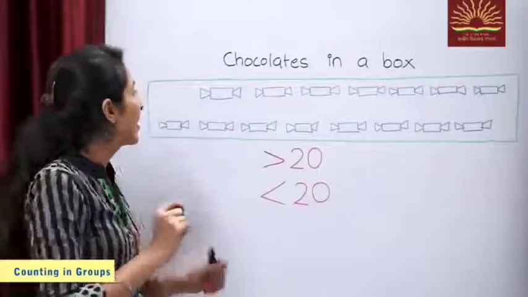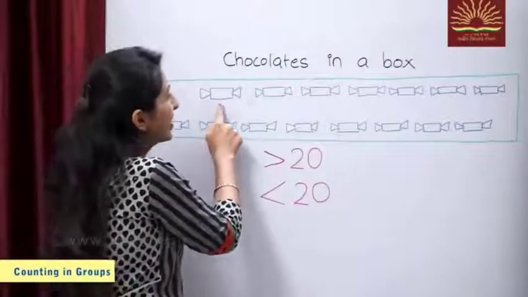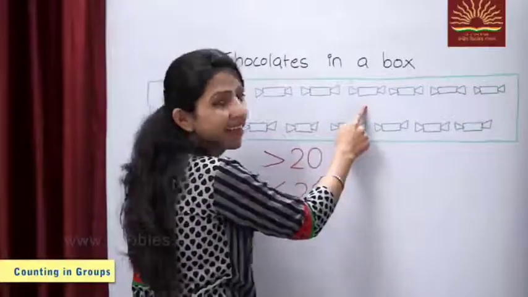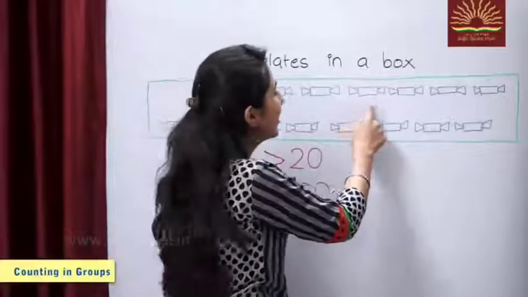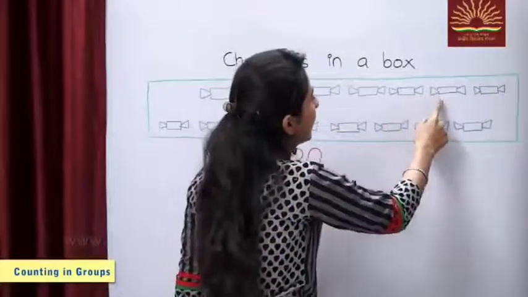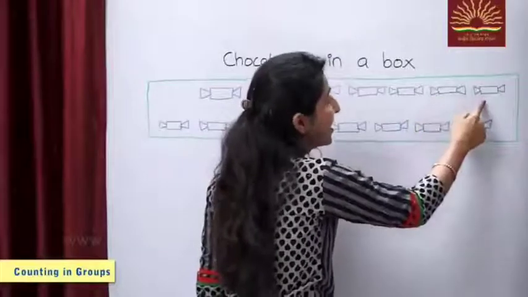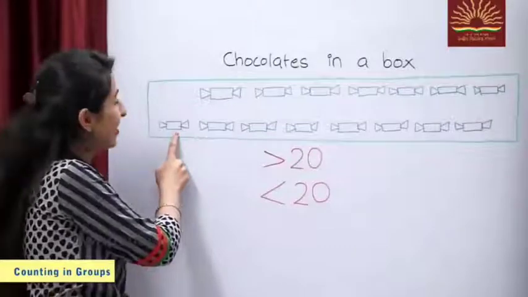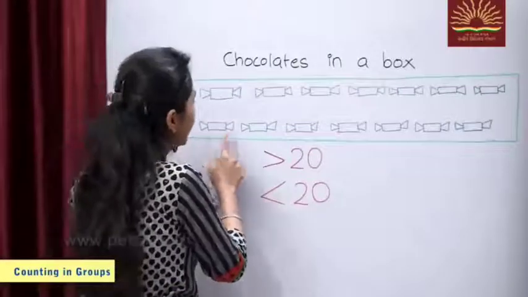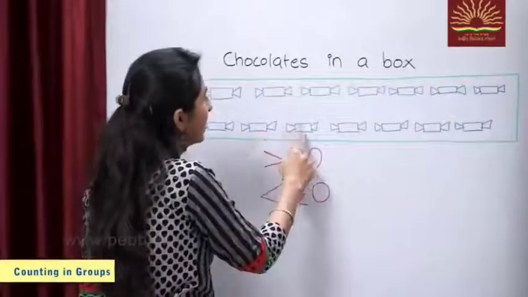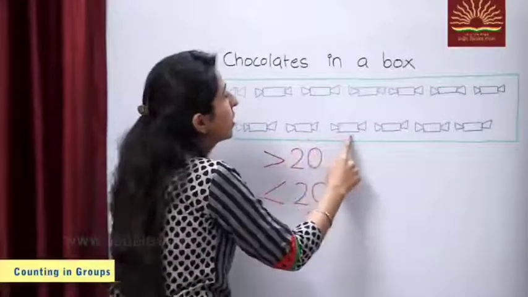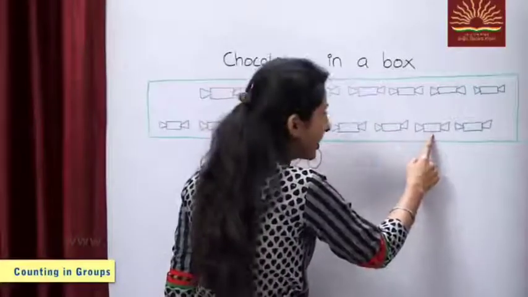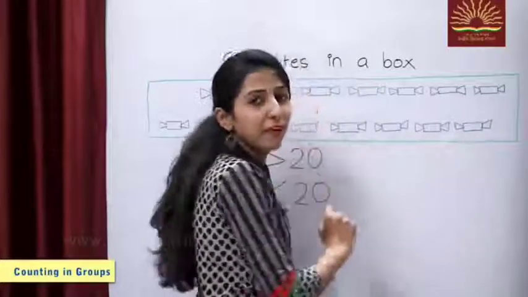Let's count. 1, 2, 3, 4, 5, 6, 7, 8, 9, 10, 11, 12, 13, 14, 15.